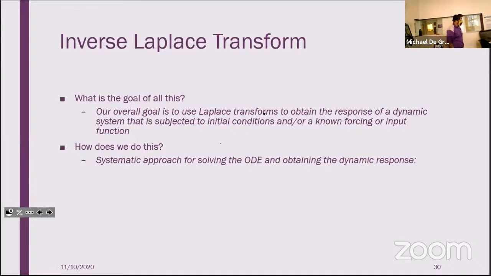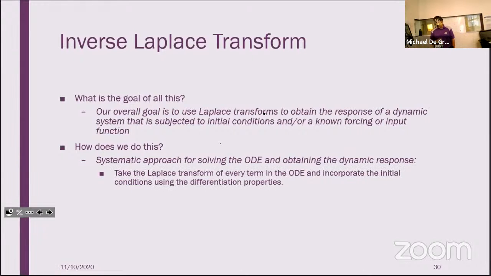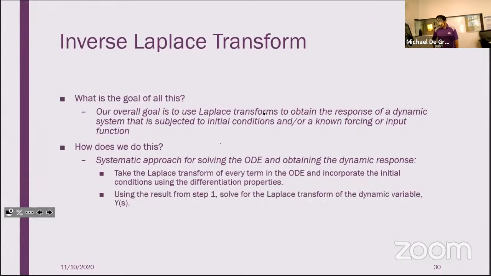How? We're going to use a systematic approach for solving ODEs and obtaining a dynamic response. We take the Laplace transform of every term in our ODE, incorporating the initial conditions using the differentiation properties. Then, using the results from that step, we solve for the Laplace transform of the dynamic variable y.